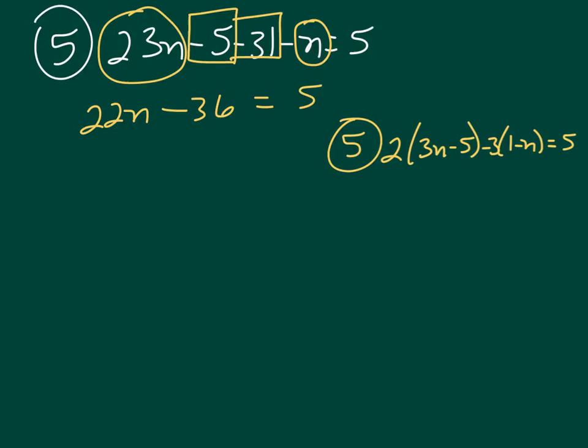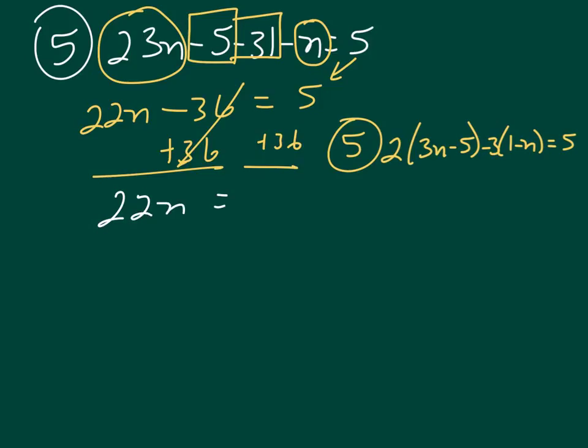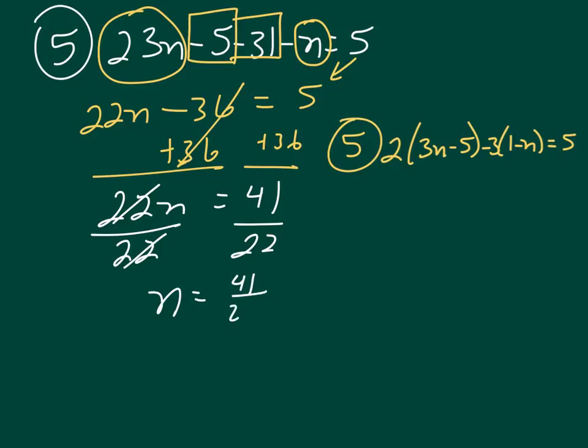Now, I'm saving some space because I have to move this over a little bit. But then I'm going to add the 36 to both sides. These are gone, and I'm left with 22n equals 41. I'm then going to divide by 22, and I end up getting n is equal to 41 over 22.